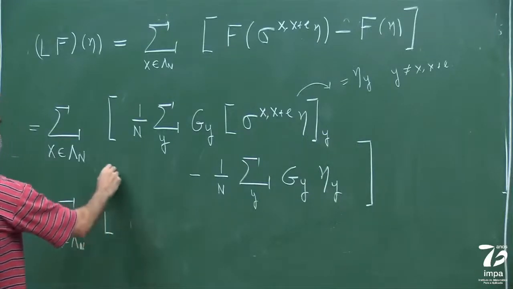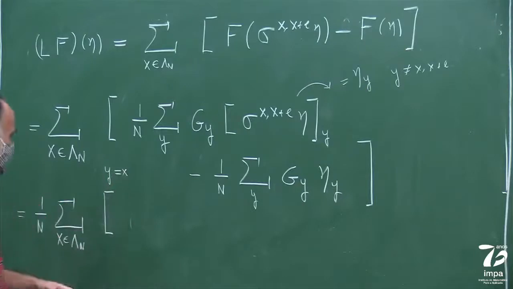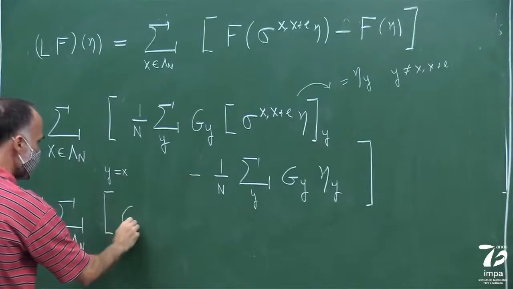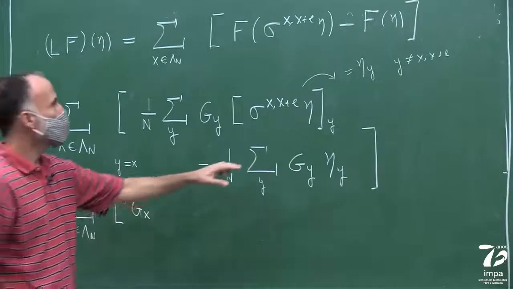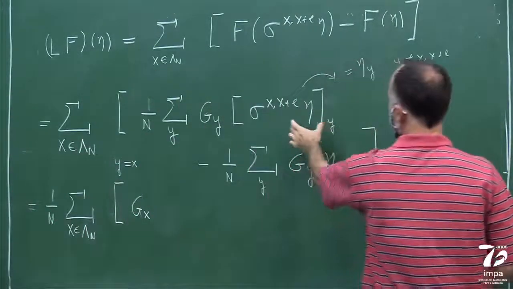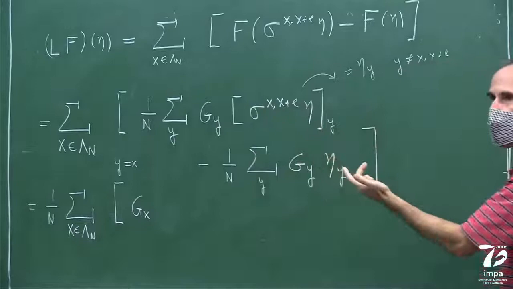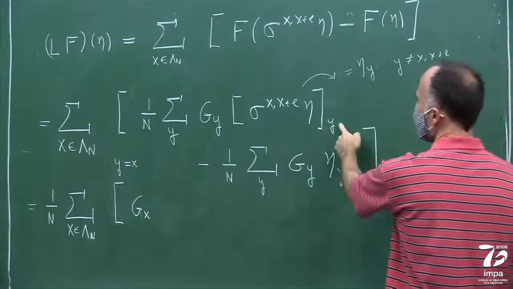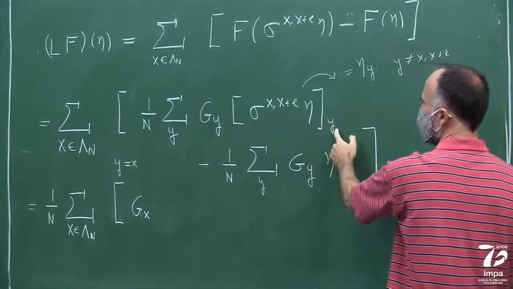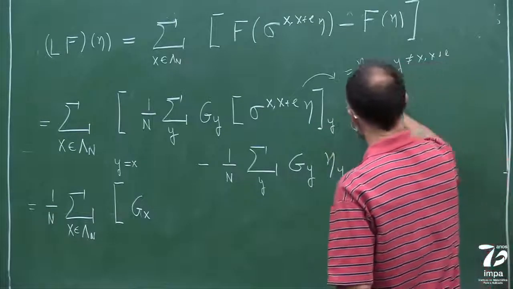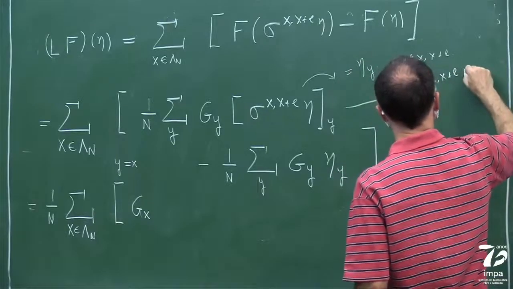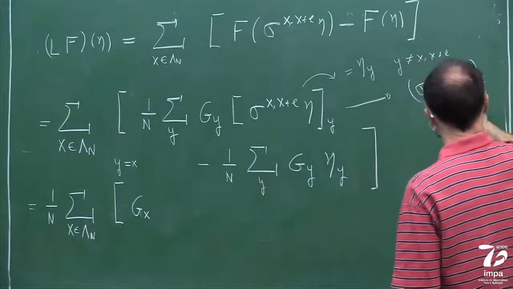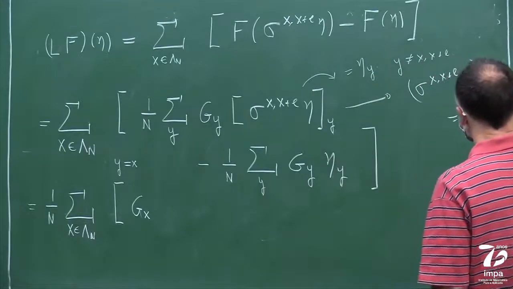So let's see y equal to x. At y equal to x, I have g of x, because y is equal to x. And if y is equal to x, in this term I exchange what happens at x and x plus e. So I'm computing this configuration at site x, which means that sigma x, x plus e of eta at site x is eta at site x plus e, because I exchanged.